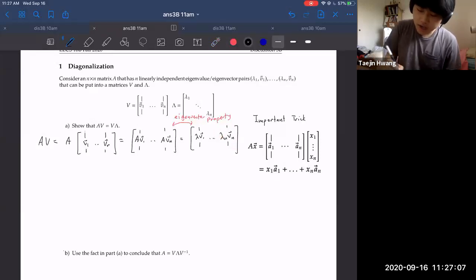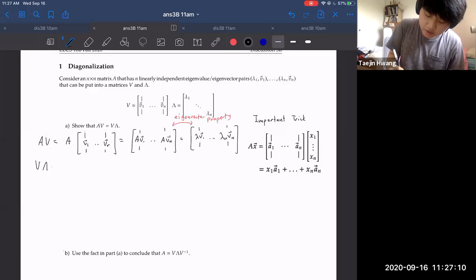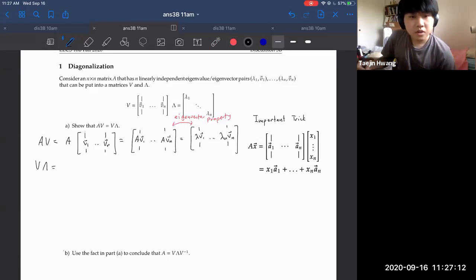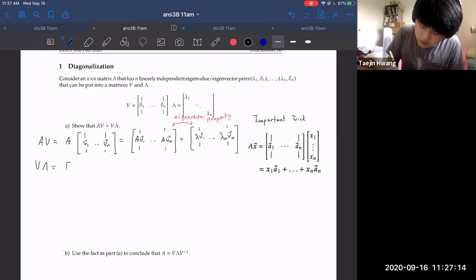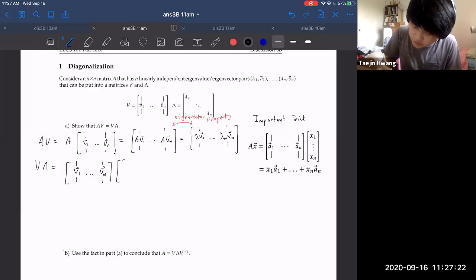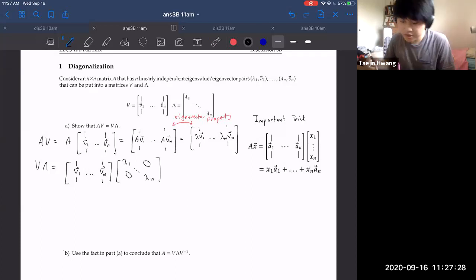Now let's take a look at V times lambda. And this is going to be equal to, again, let's try writing out the columns of V times a matrix lambda, which is this diagonal matrix with zeros in the gaps.